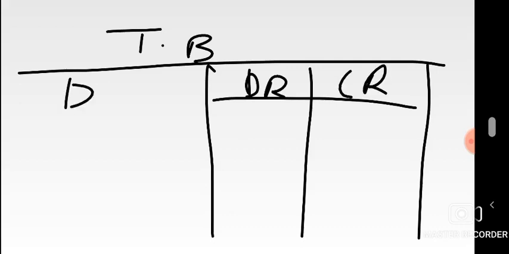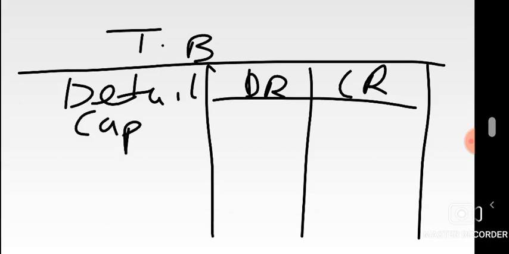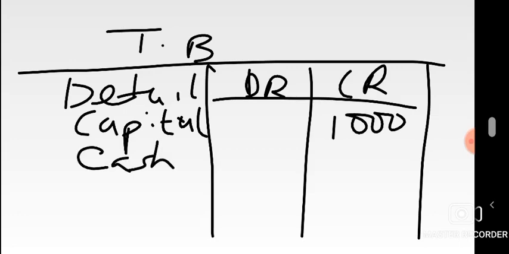Then here we just have your detail. So we had capital, abbreviating it as cap. Capital was 1000, right? Just rewind your video. Cash, we've just handled, 1300.